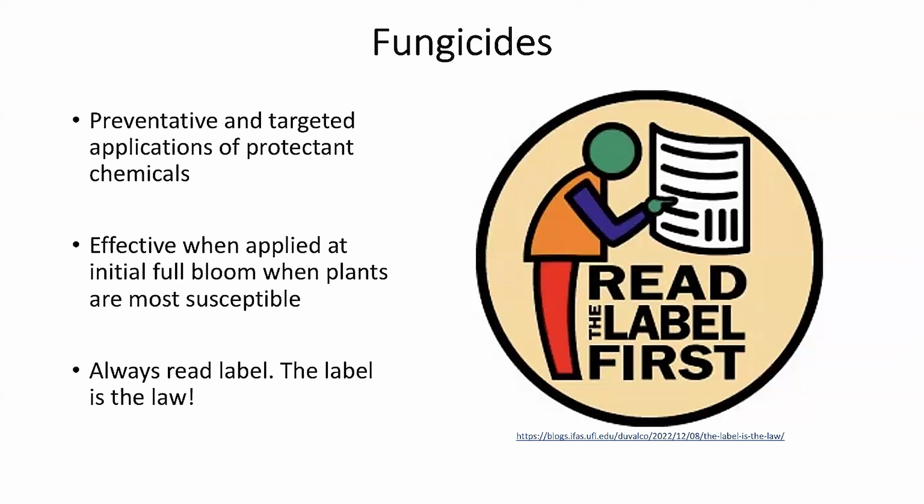And protection, or the use of fungicides, referring to chemicals that are applied to protect your host plant. And so fungicides for timber rot will be effective when applied at initial full bloom when the plants are more susceptible. And for chemicals, we recommend that you always read the label because that is the law.